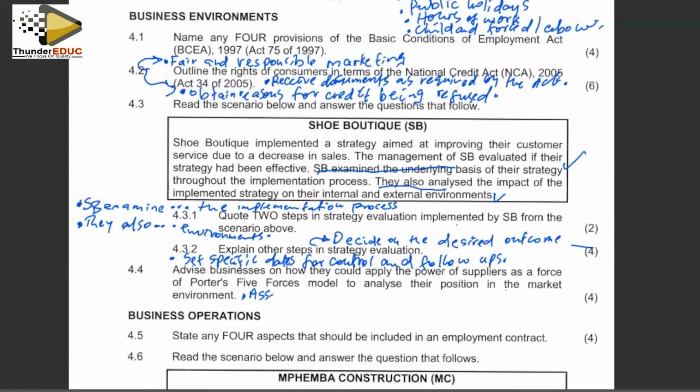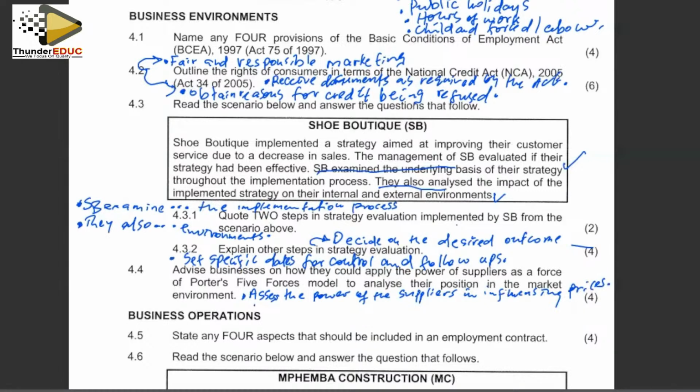Assess the power of the suppliers in influencing prices.